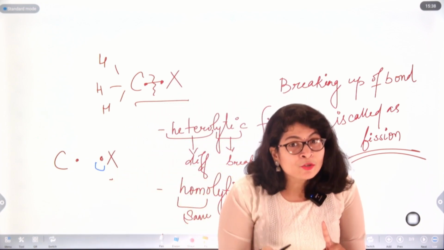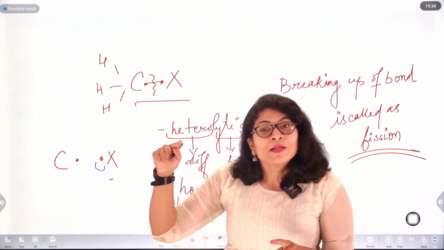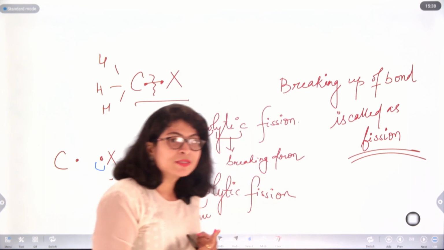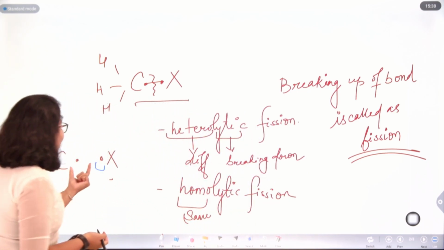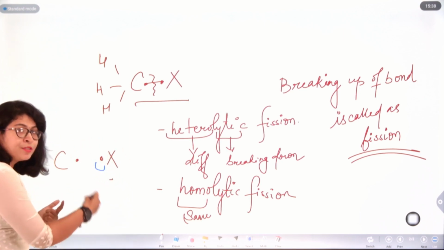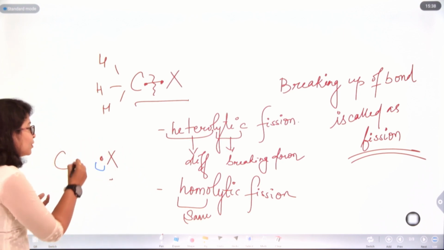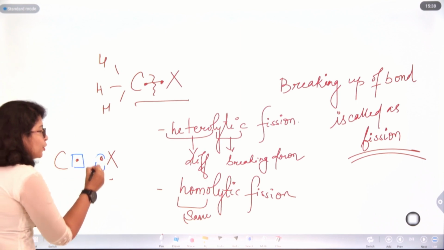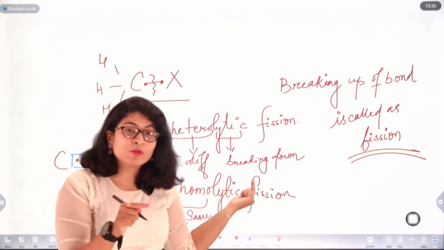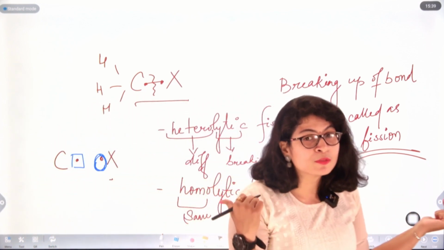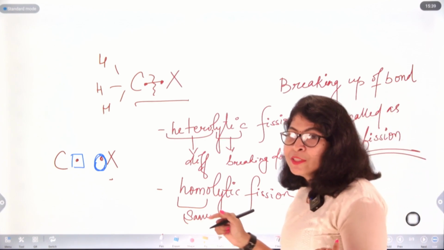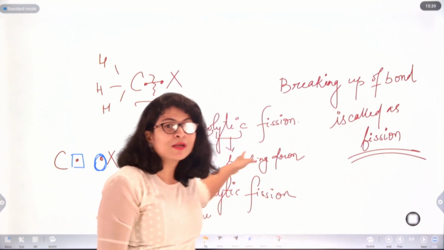The extra electron which an atom gains, because of that extra electron only, the atom is having a positive or negative charge on itself. So if X is stronger and is taking both the electrons with itself, then the charge developed on X will be due to the extra electron, not due to the indigenous electron of X. The extra electron which X has taken up was from the carbon.